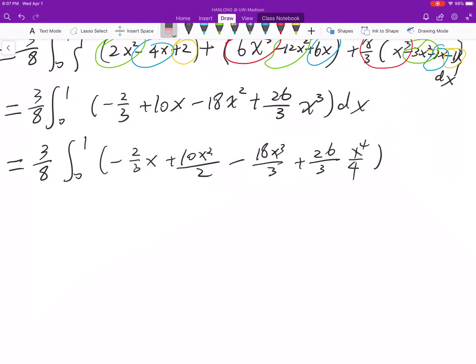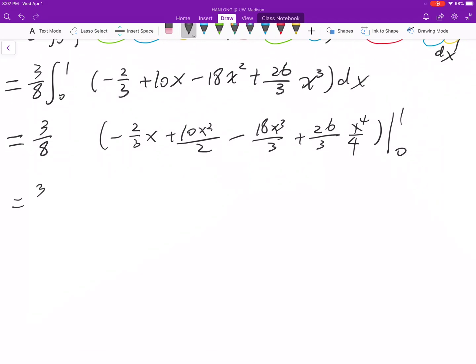Okay, here you don't have this. Instead of this, you have 1, 0. Okay, you plug in 1, negative 2/3 plus 5 minus 18 over 3, which is 6, minus 6, and plus 26 over 12.